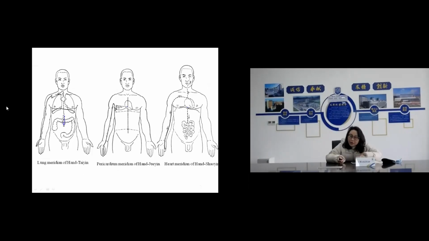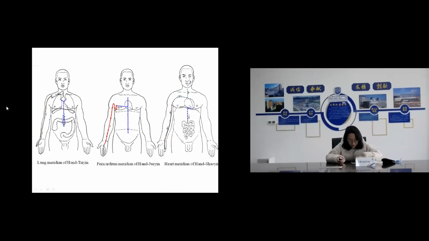Here is the main course of the 3 yin meridians of the hand. The first one is the lung meridian of hand, Tai Yin, from the chest to the thumb of the hand.